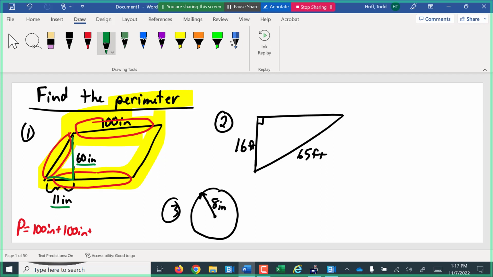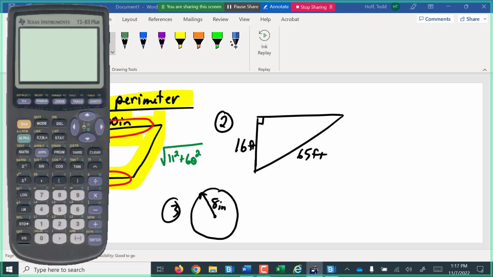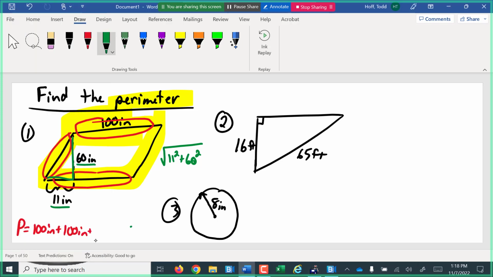So in order to find that missing side, we'd square them and add them together. It's going to be the square root of 11 squared plus 60 squared, which gives us 61. So this distance here is 61 inches.